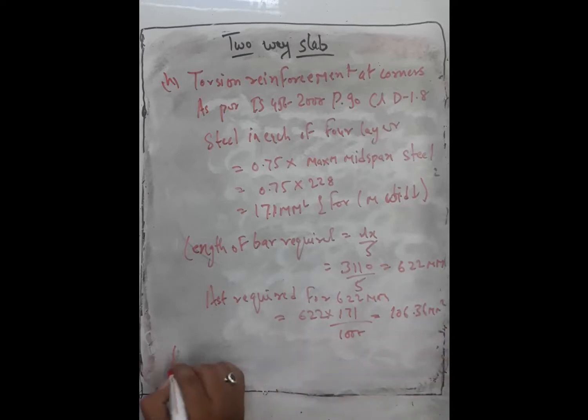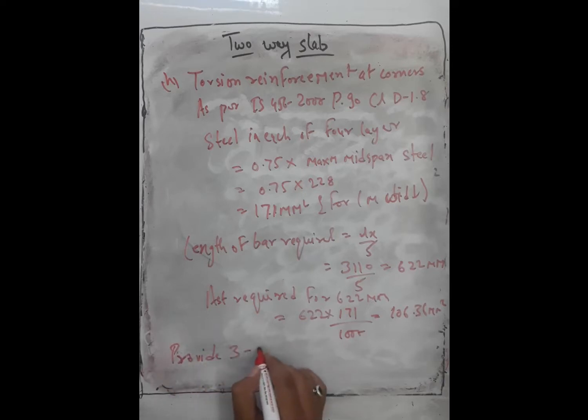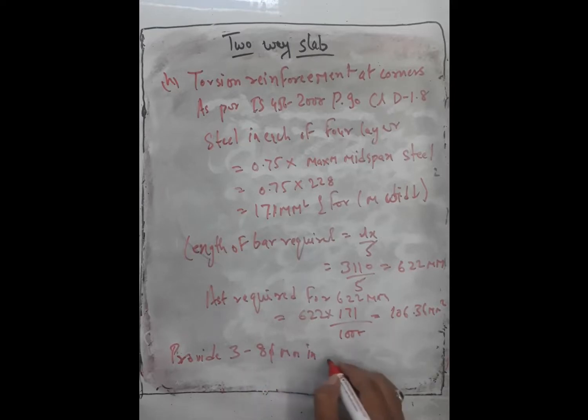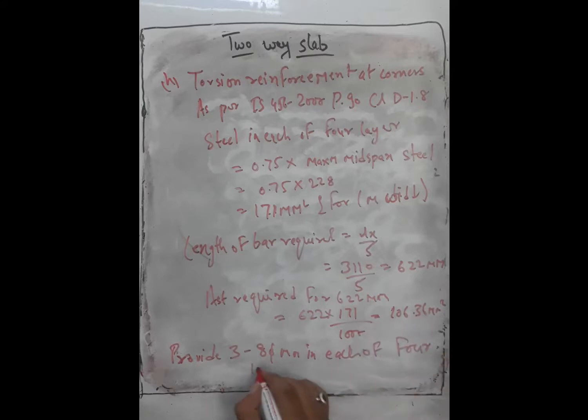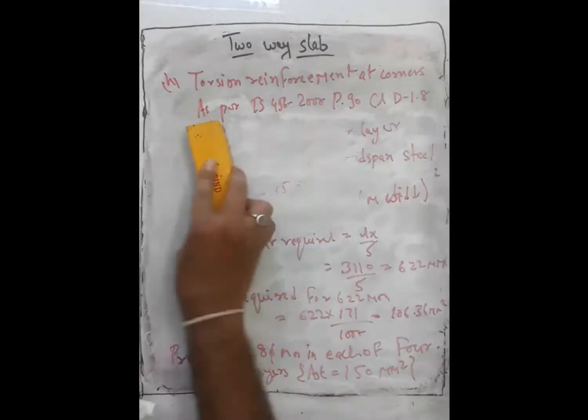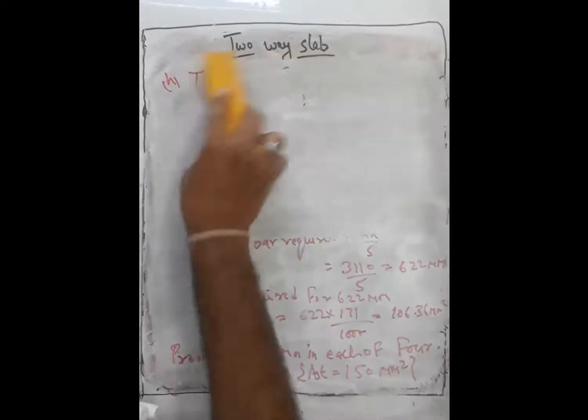So here we say provide 3 bars of 8 mm dia in each of 4 layers. So AST is equal to 150 mm square. Okay, I will show you in the diagram also how we provide the torsion reinforcement.